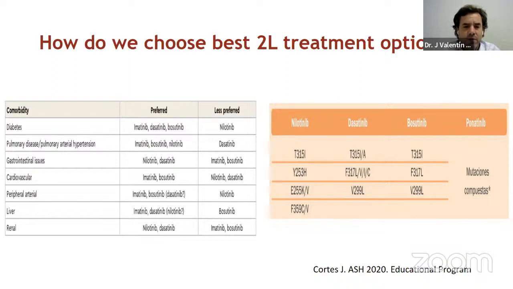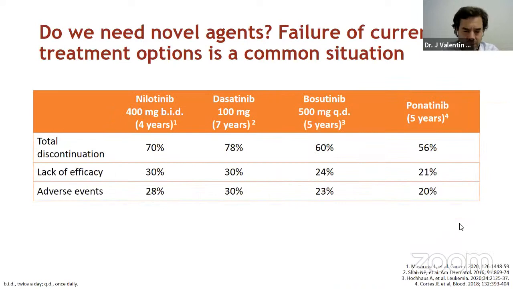And we need to perform mutation testing, if possible by next-generation sequencing, so that in case we identify one of these mutations, we make sure that we offer the best treatment option. I'm very sure you're familiar that, for example, if a patient harbors the mutation T315I, the only effective treatment option used to be ponatinib, and now we know that asciminib is also effective.